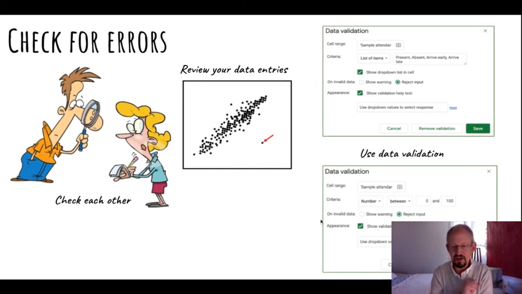I select reject input if it's outside that range and show a little text help menu pop up. So now if I type in 1000 and hit return, it will reject it and will say only values between 0 and 100.